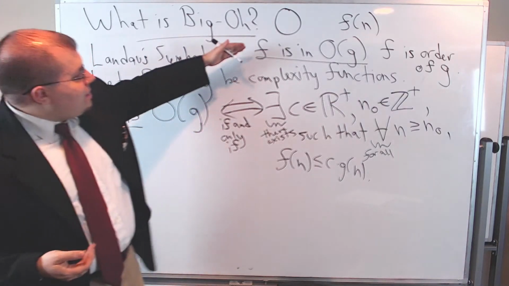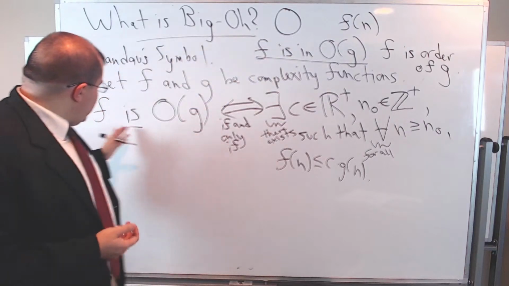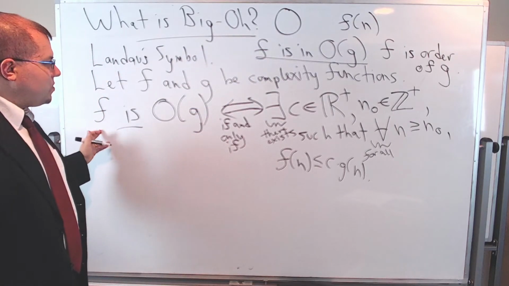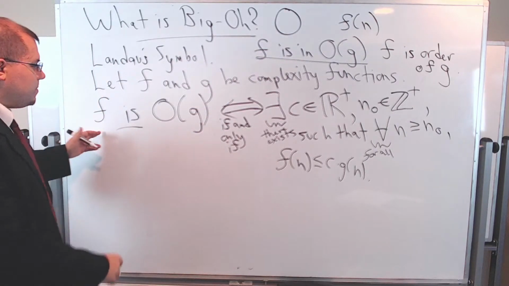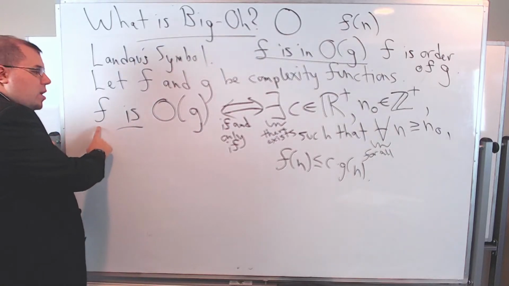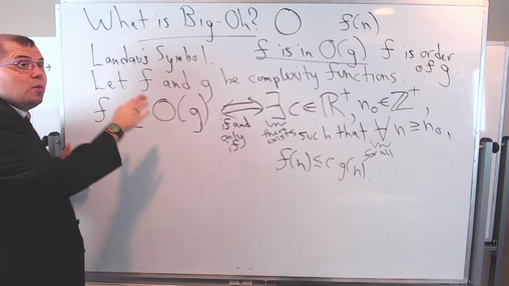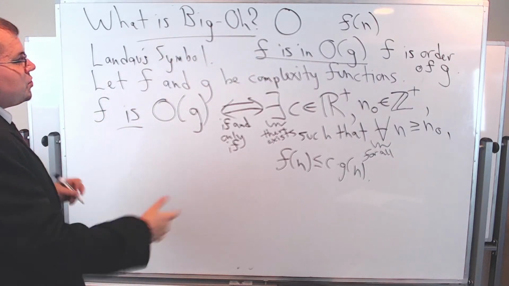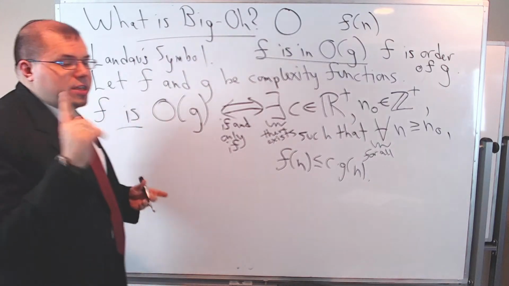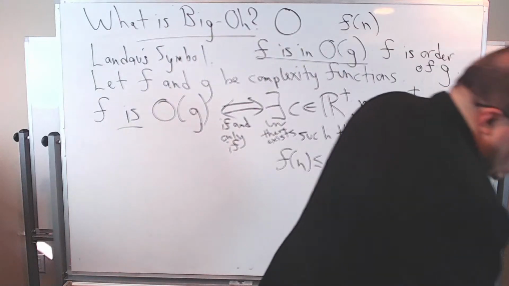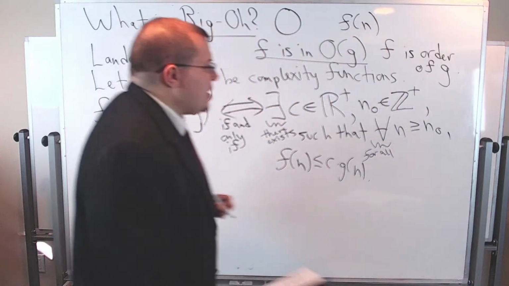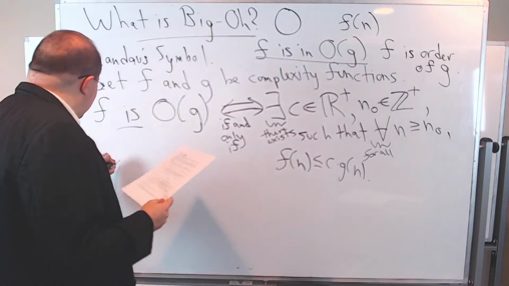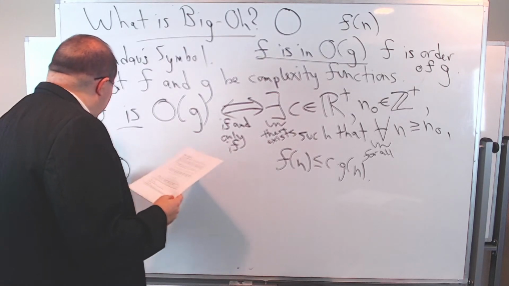So when I write this, believe it or not, if I give you some function like this, you'd agree with me that there are possibly many functions that are also big O of g, right? So when you talk about big O, one thing you need to be careful of is that big O is actually a set. I mean it's some collection of functions.